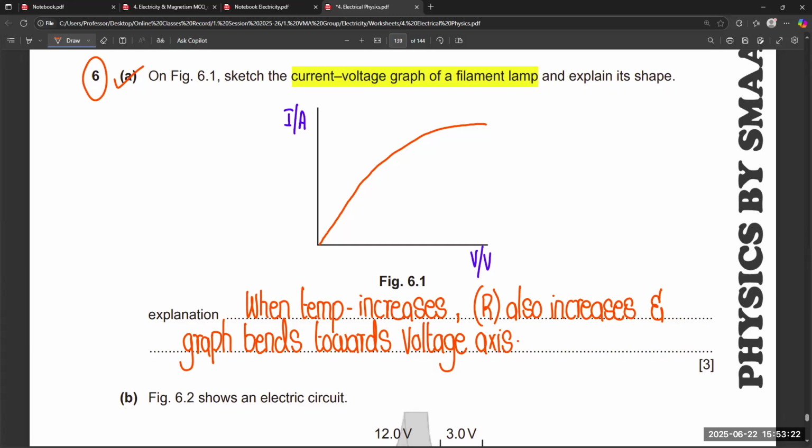So in this way, you can complete the representation of the graph, complete the description related to the filament lamp, right?